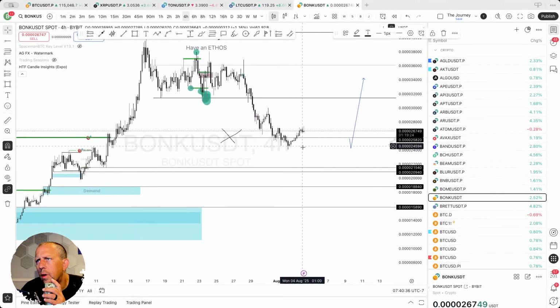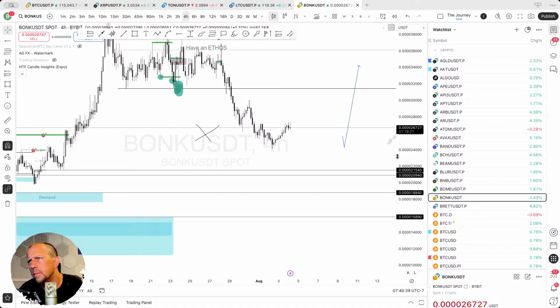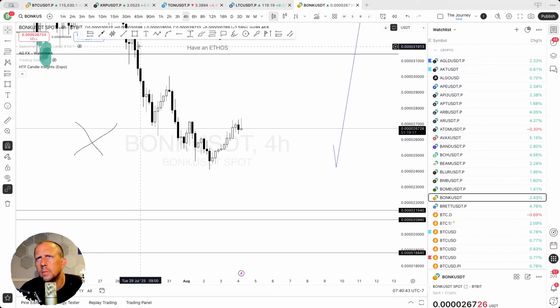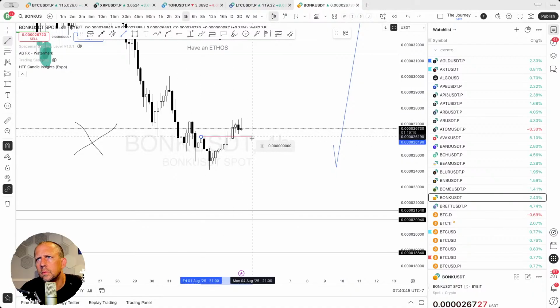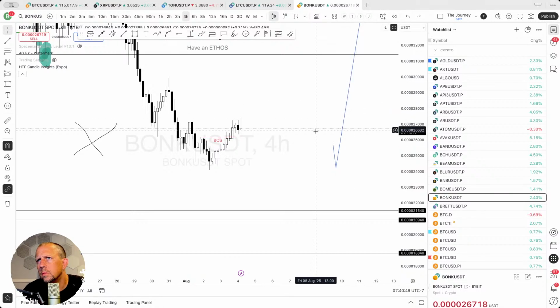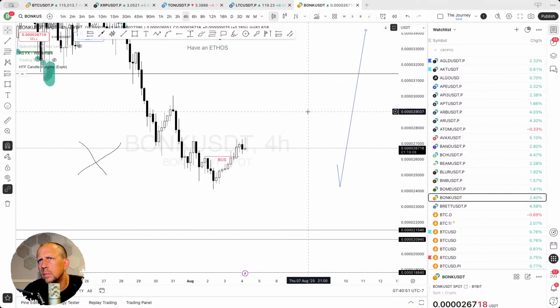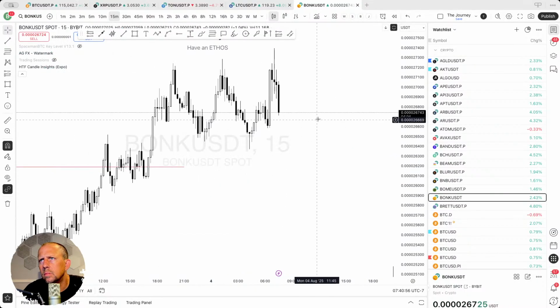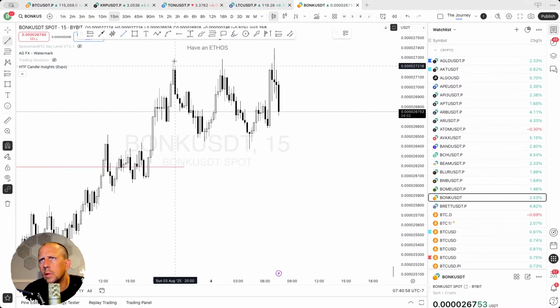Let's flip 4-hour structure back to bullish here. That's a problem.